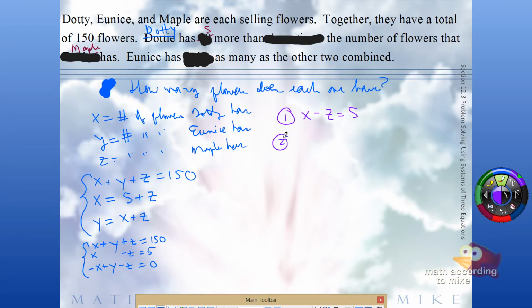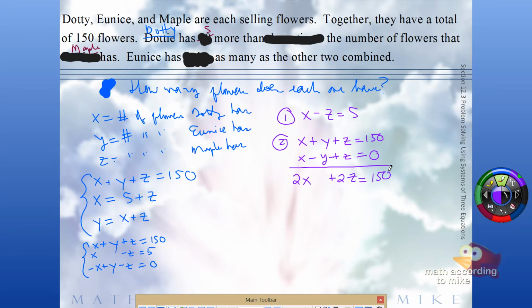And then in step 2, I can multiply the third equation by -1 and use the first equation as is. So now when I add these equations, what happens to the y's? They cancel, so we have 2x plus 2z equals 150.